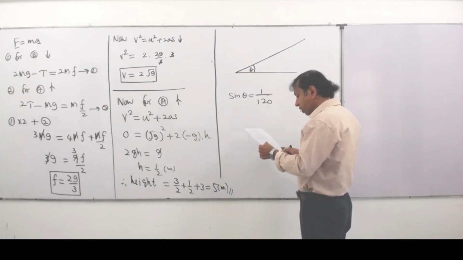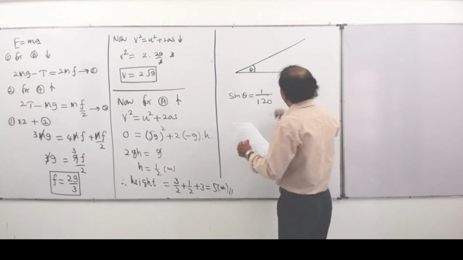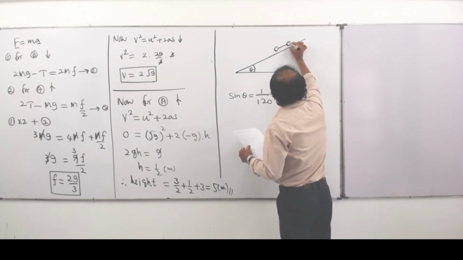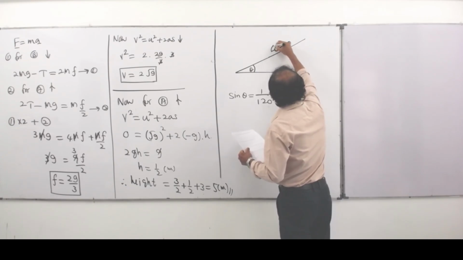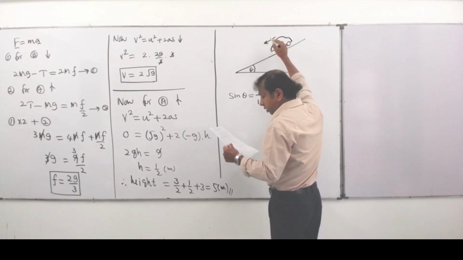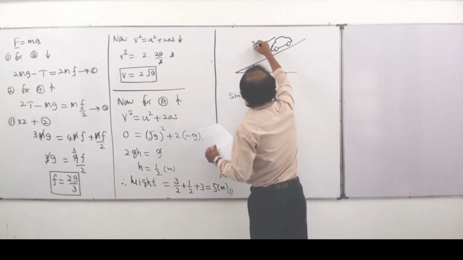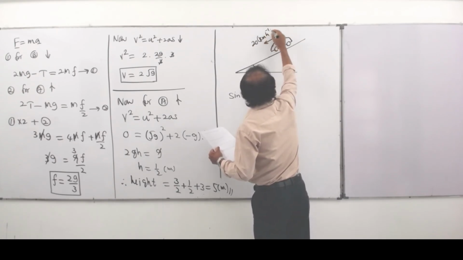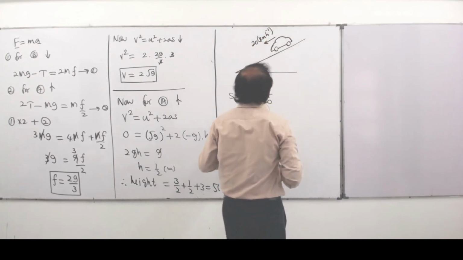it moves with steady velocity 20 kilometers per hour. Right. Then this is the car. This is the car, right? It moves this way. Given 20 kilometers per hour. Right.